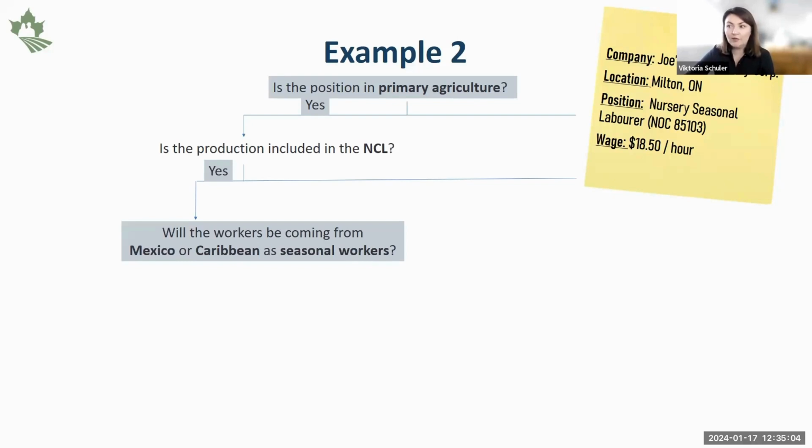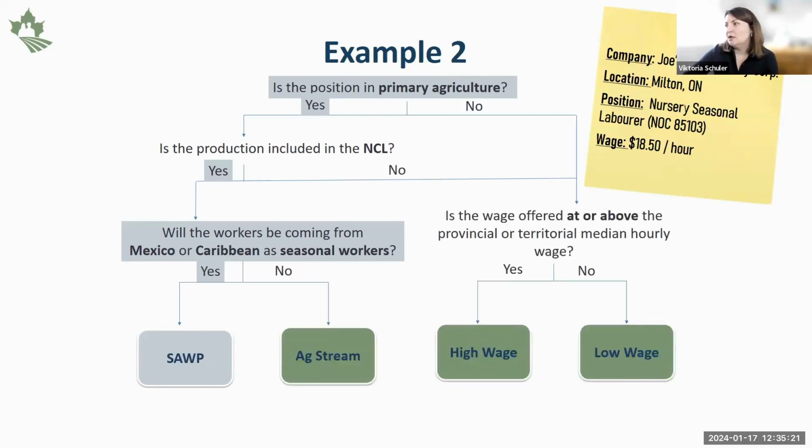Will the workers be coming from Mexico or Caribbean countries as seasonal workers? The duration of employment is seasonal, from April to October, and the workers are from Mexico. So the answer is we need to use the Seasonal Agricultural Worker Program. I hope it's clear. If you have any questions about the stream determination, feel free to ask.